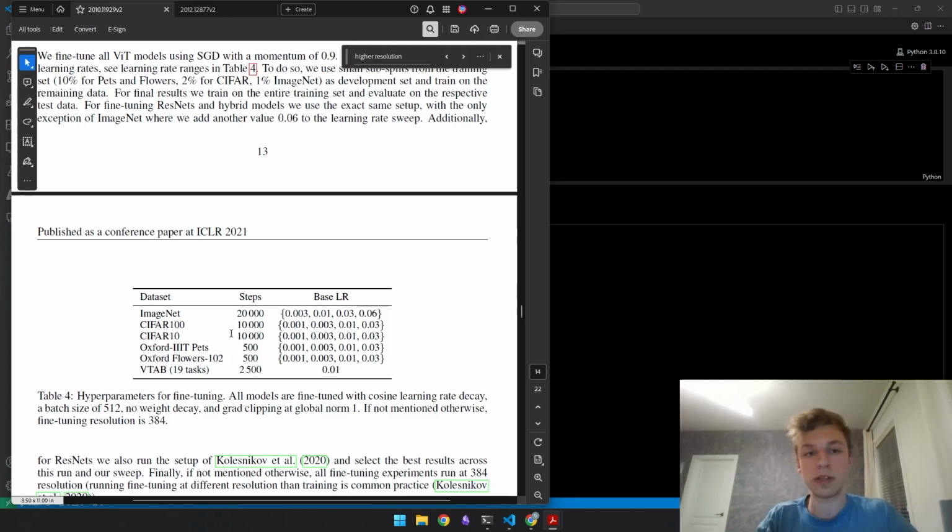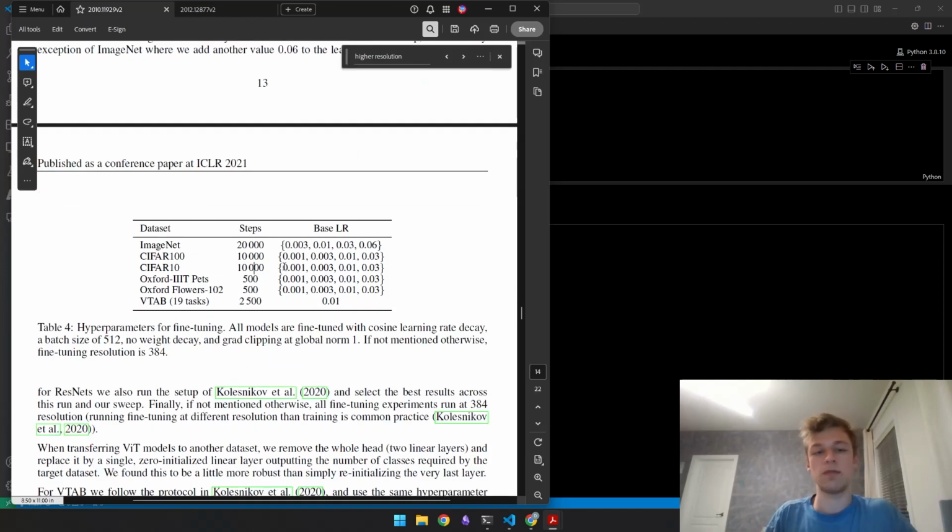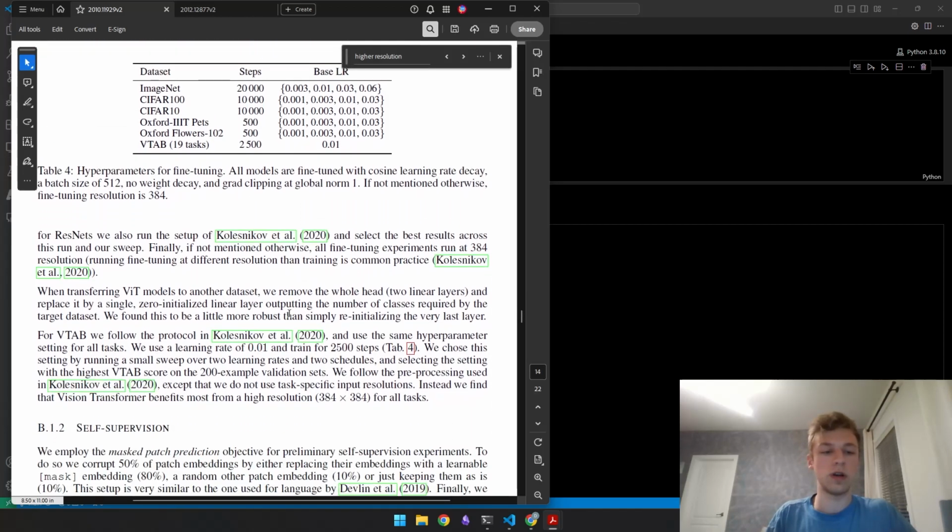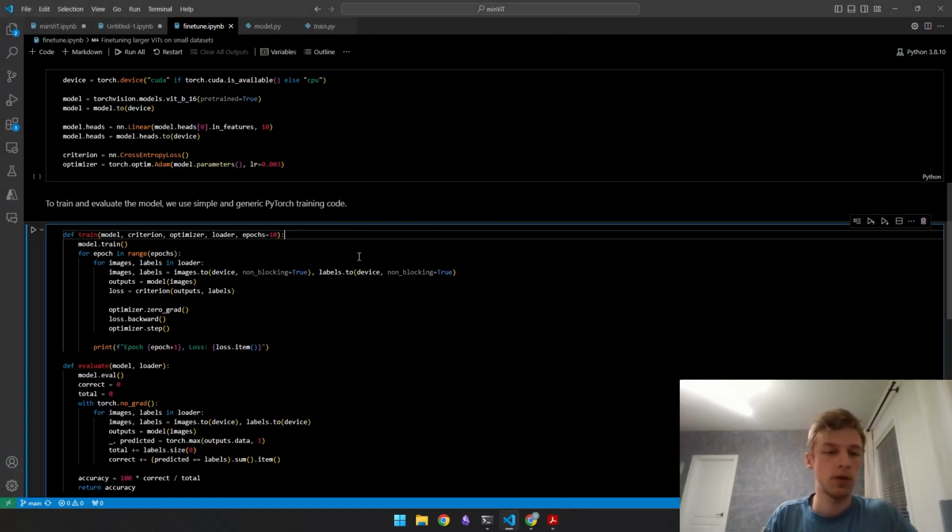And this is one big plus of vision transformers, is that once you've trained the foundation model or pre-trained a large vision transformer model, they're able to, in very few shots, learn to complete new downstream tasks. And here they have a learning rate schedule, and there's more information in the paper, which will be linked.